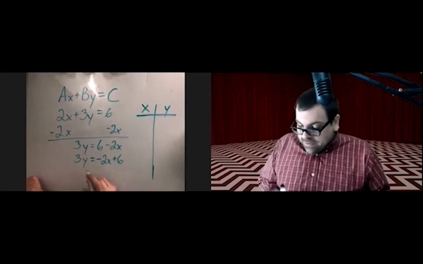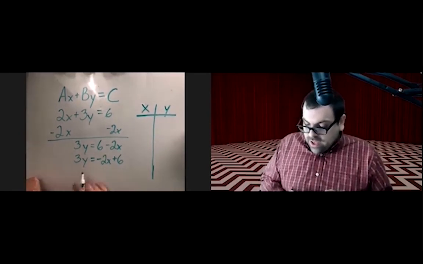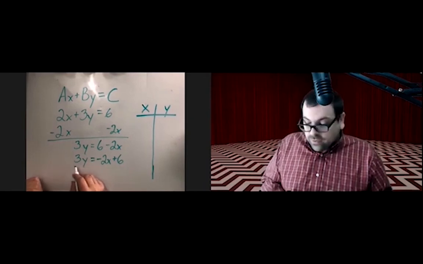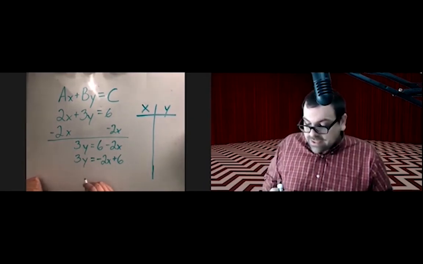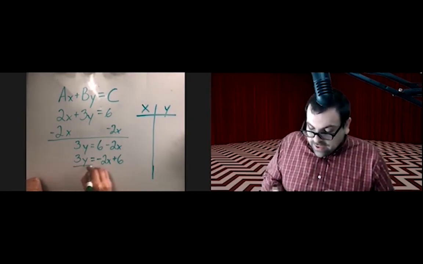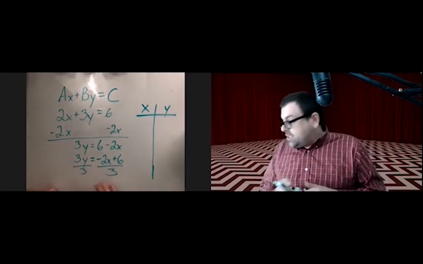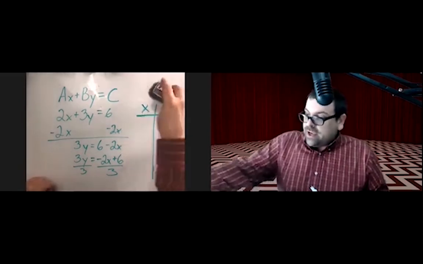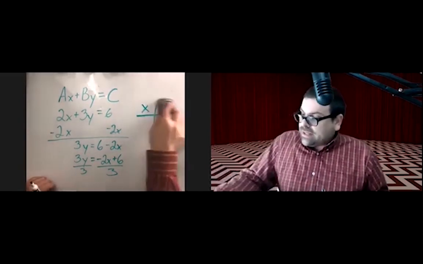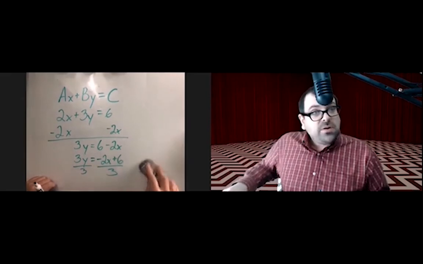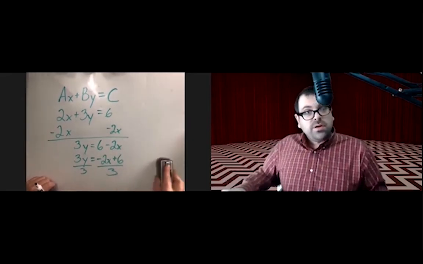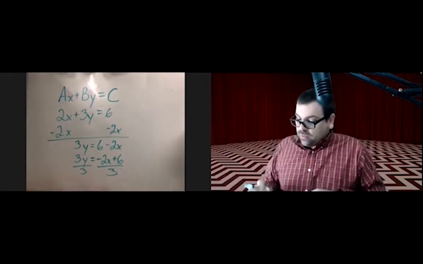Okay, in our next step, we'll go ahead and finish solving for y by dividing both sides by 3. When we do this, I'm going to go ahead and erase the xy table for now, just to give myself a little more room.